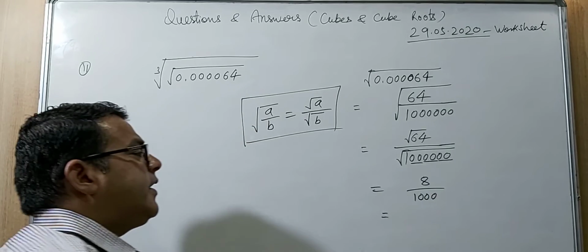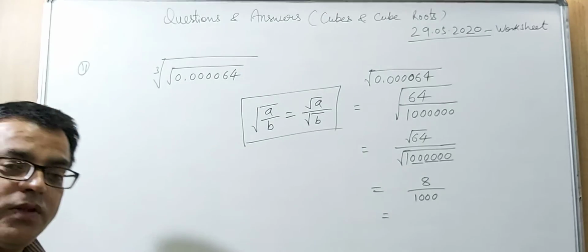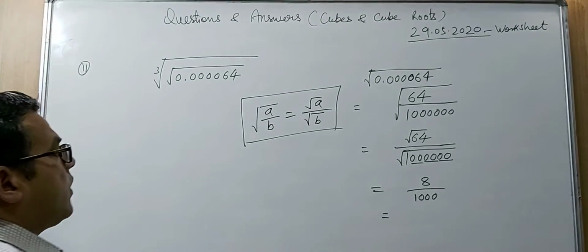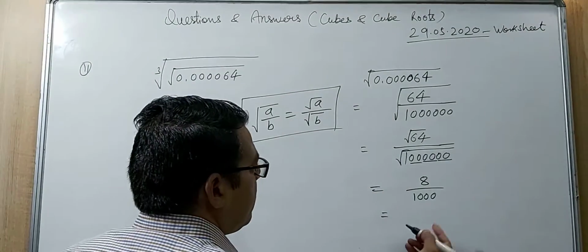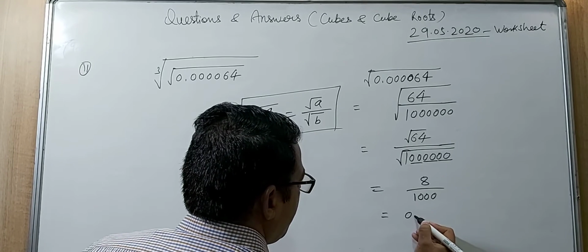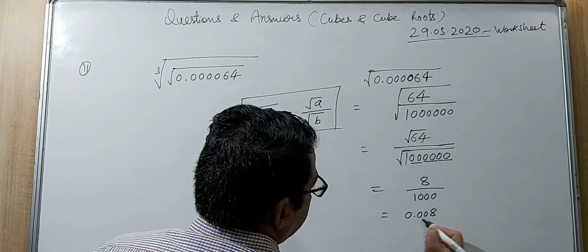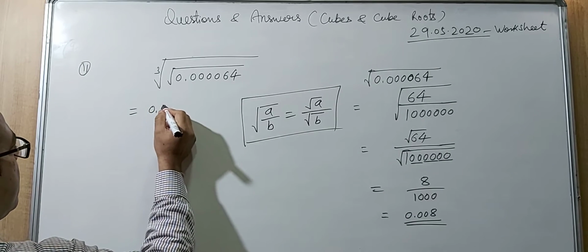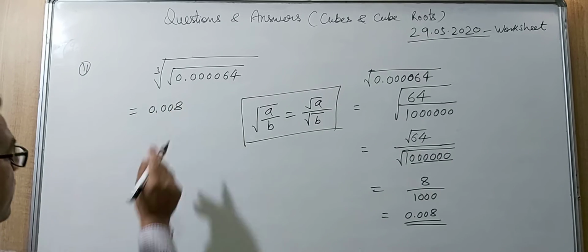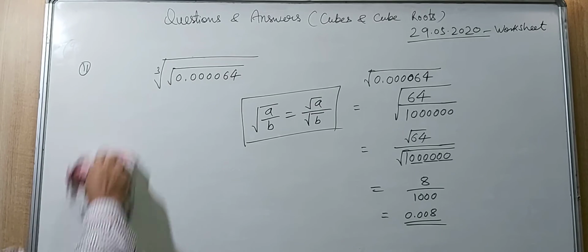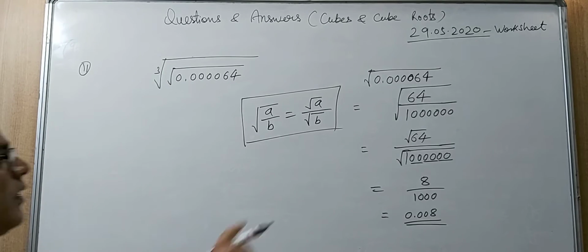So we can write it 8 upon 1000, right? Hope you understand. Now you can write this as 0.008. Sorry, this is not the solution, this is only the square root of this number.